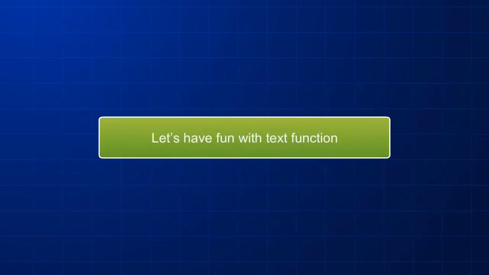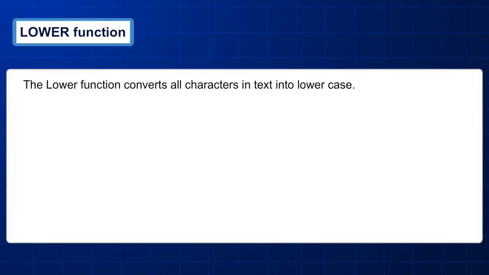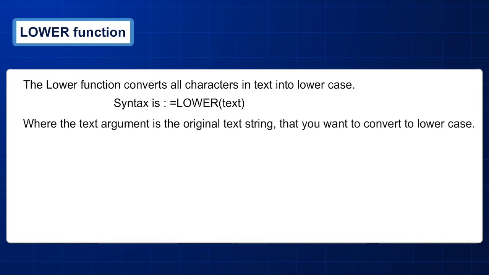Let's have some fun with text functions. Lower function. The lower function converts all characters in the text into lower case. Syntax is LOWER and we pass text as an argument, where the text argument is the original text string that you want to convert into lower case.